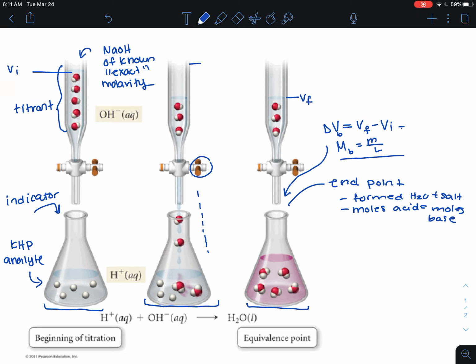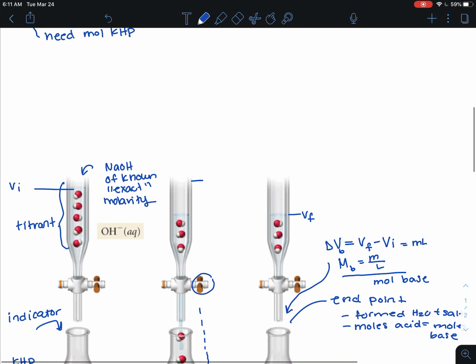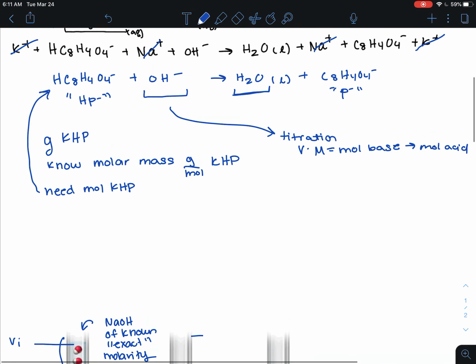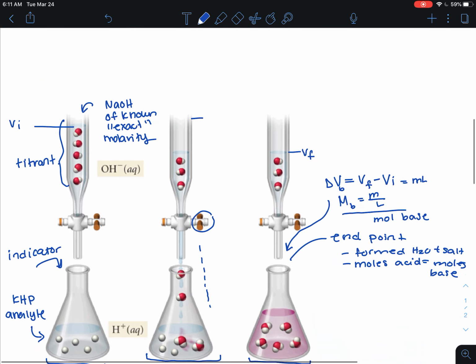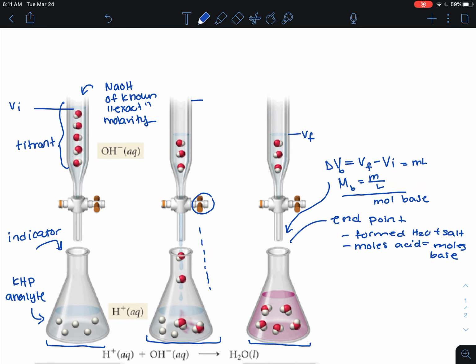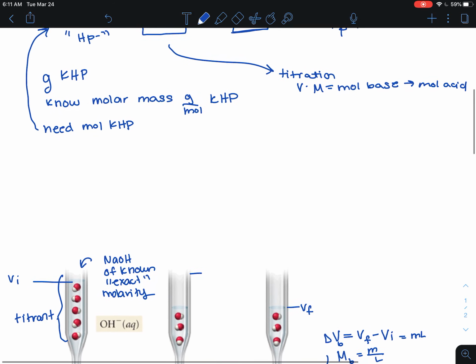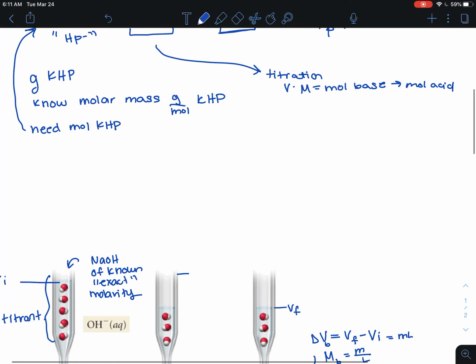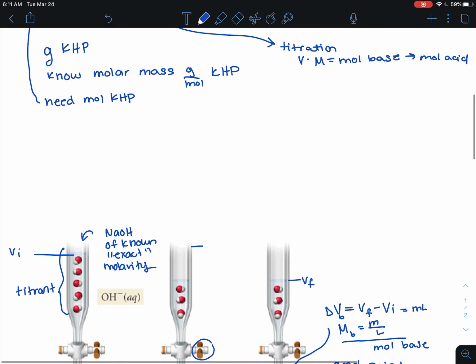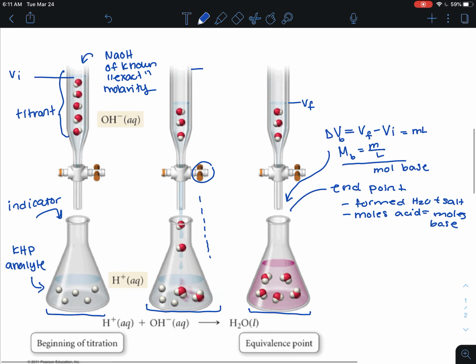If you have volume and molarity of the base, you can then calculate, since this is moles over liters, and this will be in milliliters, you can find moles of base, which you then apply to your stoichiometric equation to find the moles of acid. So that's the whole point of the experiment, because once you have your moles of acid, you can use the molar mass and find the grams of the KHP.